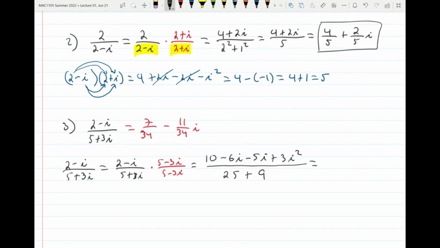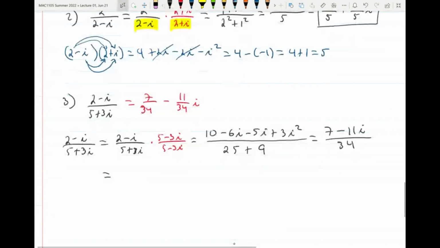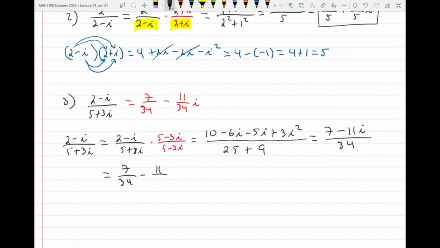So this is really a negative 3, right? i squared is negative 1, so it's a negative 3. 10 minus 3, 7. And then negative 6 minus 5, that's negative 11. Negative 11i over 34. And now we write this nicely: 7 over 34 minus 11 over 34 i. Good.